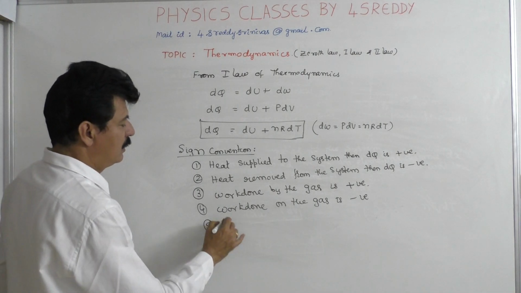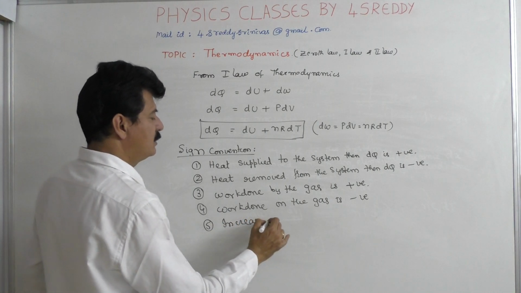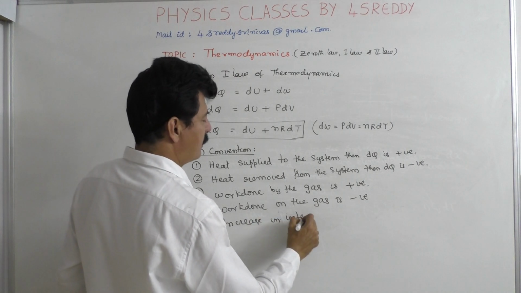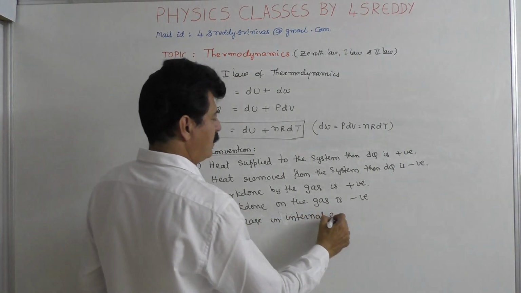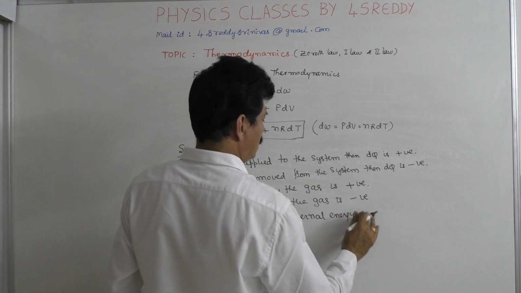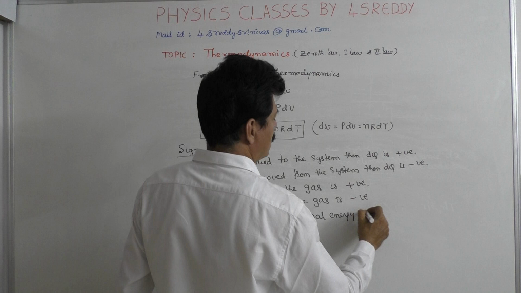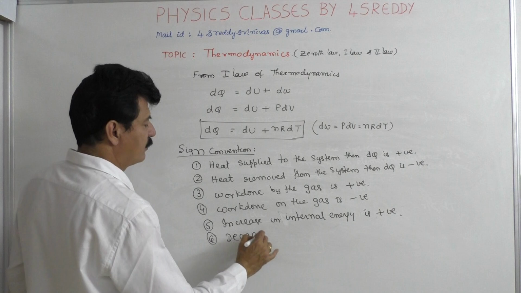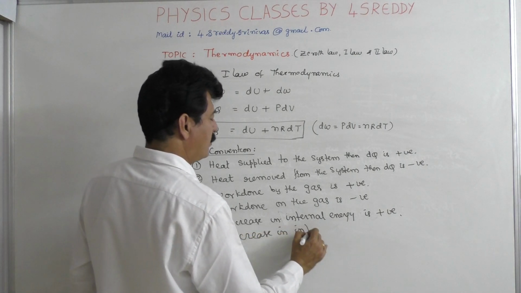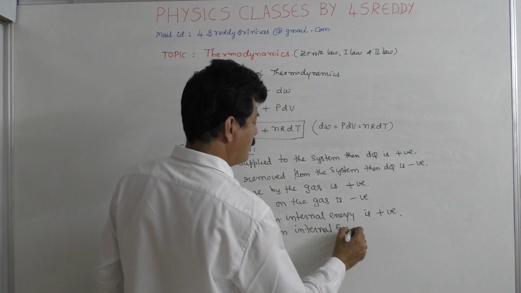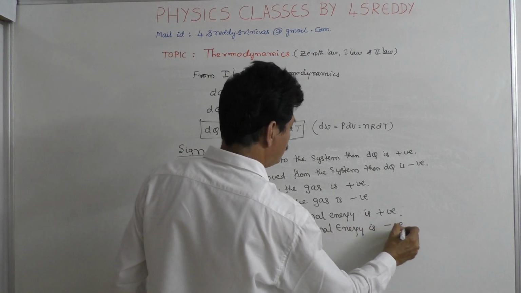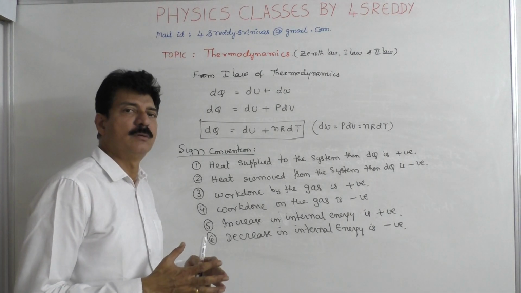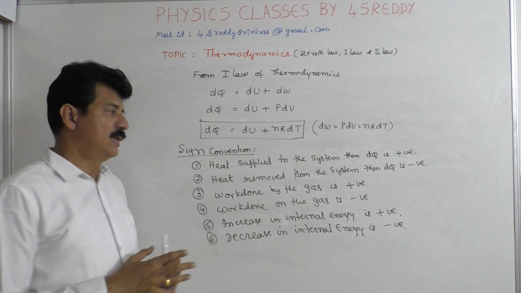And increase in internal energy is positive, and decrease in internal energy is negative. So these are the points that we have to remember while solving the problems related to first law of thermodynamics.